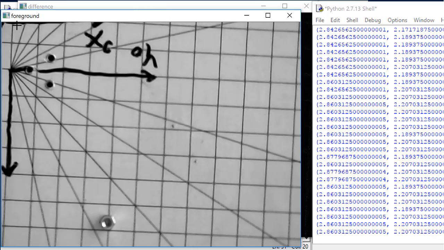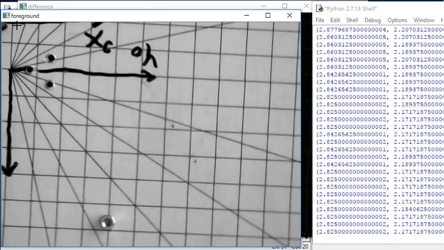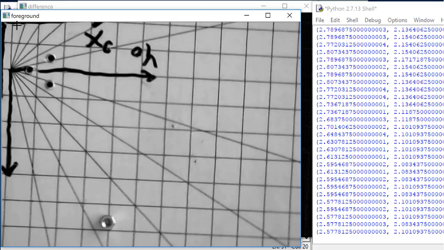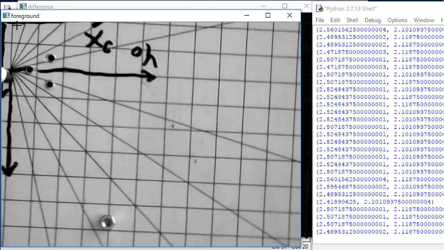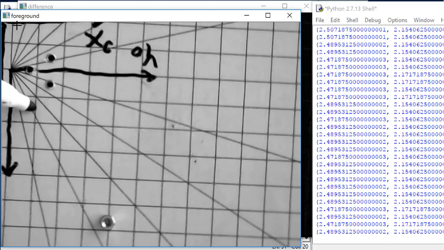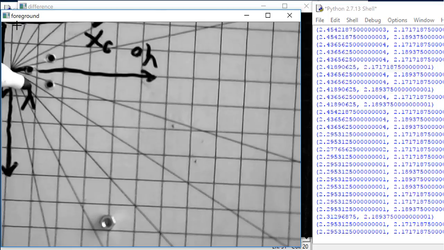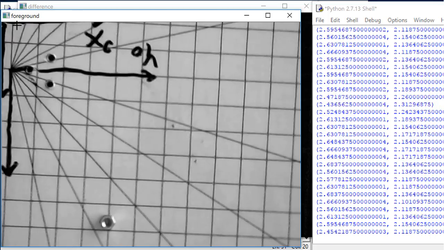I'm going to try and draw the Y. There's the center right there. There we go. That axis is Y. I'm doing it upside down again.